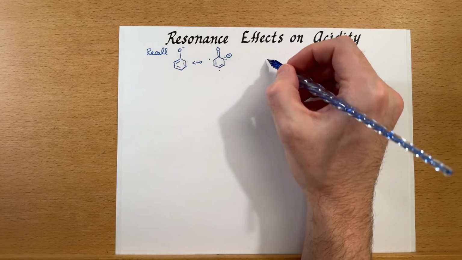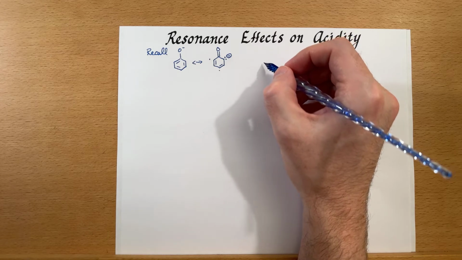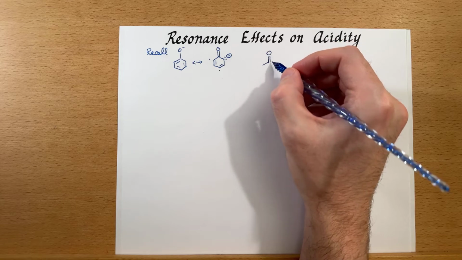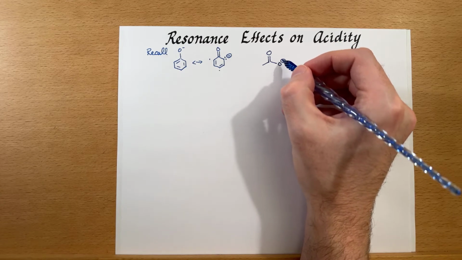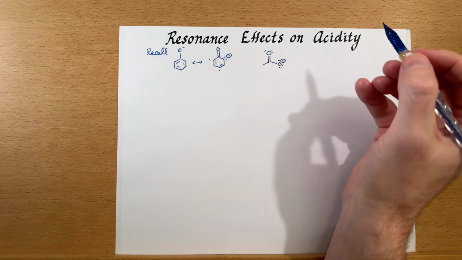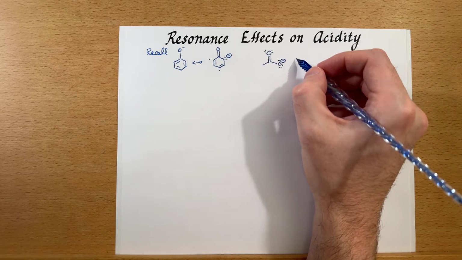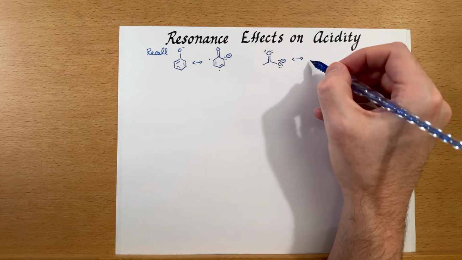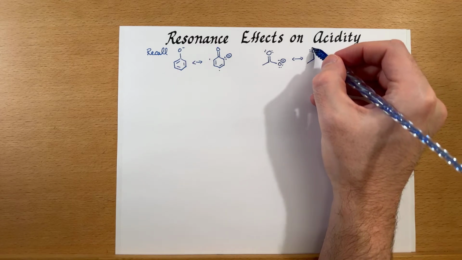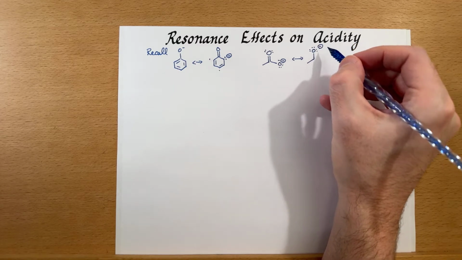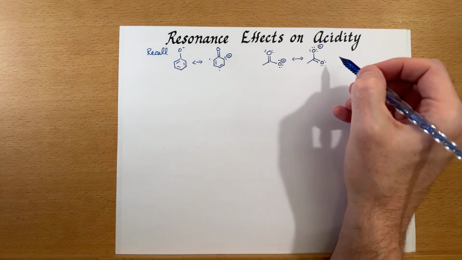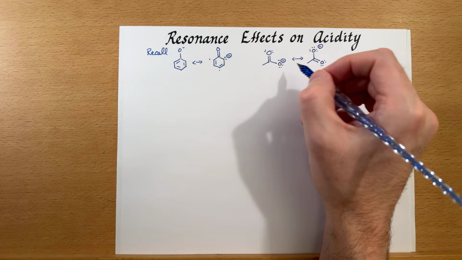Let's look at another species that we like to use, the carboxylic acid. Carboxylic acids have an additional resonance structure, where we can put the negative charge on the other atom, the other oxygen atom. And then we have this hybrid.